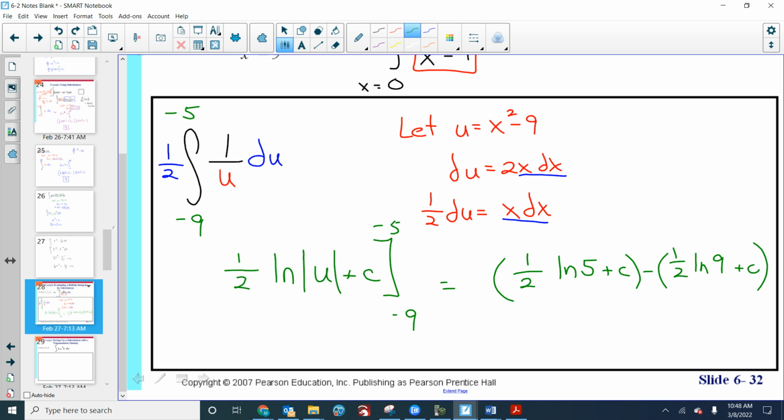So I'm sure all of you got 1/2 ln of 5/9. When you subtract logs, divide their arguments. If you didn't write that, it's okay. You don't have to correct it. If you put 1/2 ln 5 minus 1/2 ln 9, that's fine.